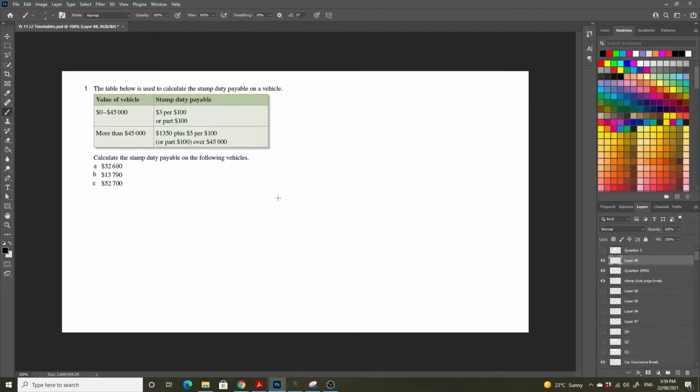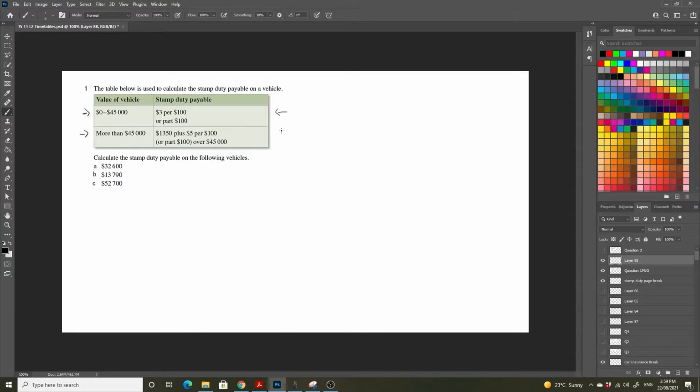The first thing we need to notice is that we're calculating stamp duty on the basis of this table, and it's broken up into two separate brackets, one for the range of $0 to $45,000 and one for any vehicle greater than $45,000 in cost. Then we have two separate rates.